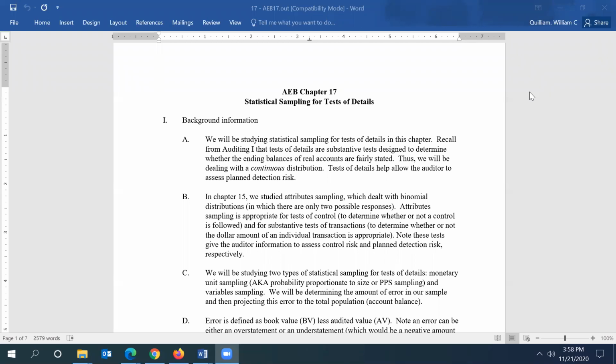So as we deal with a distribution here, we're dealing not with a binomial distribution in which there are only two possible right answers, but instead with a continuous distribution in which the answer could range up to infinity. So again, accounts receivable is the primary thing that we'll see in here, and the primary test of detail that we will be doing will be confirming accounts receivable.